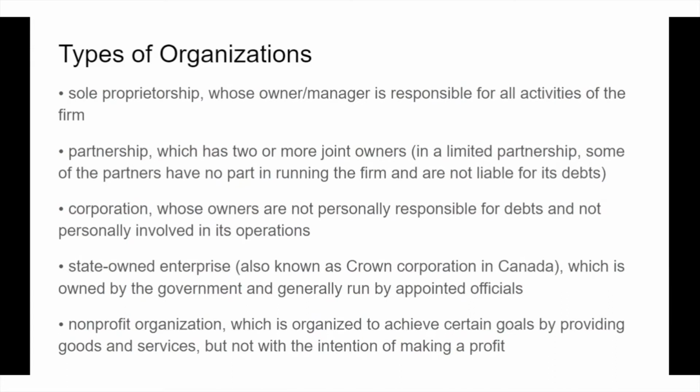So if we think of a sole proprietorship, that's a mom operation where mom owns the store, mom runs the store, mom is the store. Or a partnership, which is a mom and pop operation. So mom and dad own the store, mom and dad run the store together, they take on the risk, some sort of a partnership arrangement there.